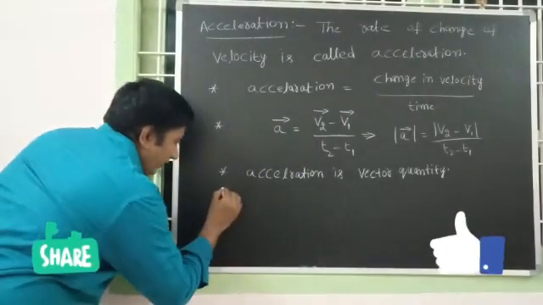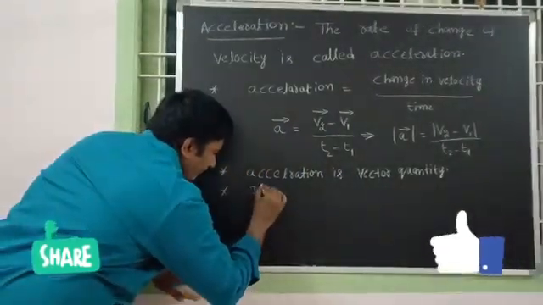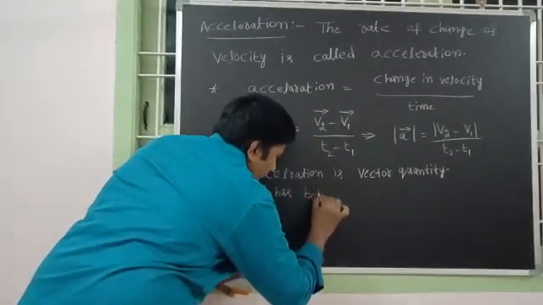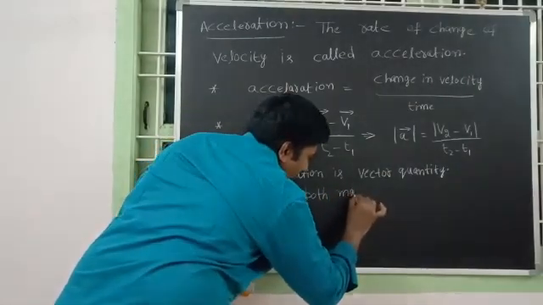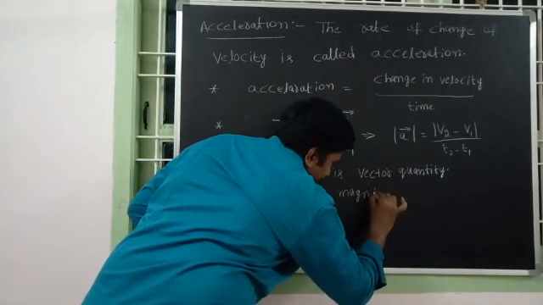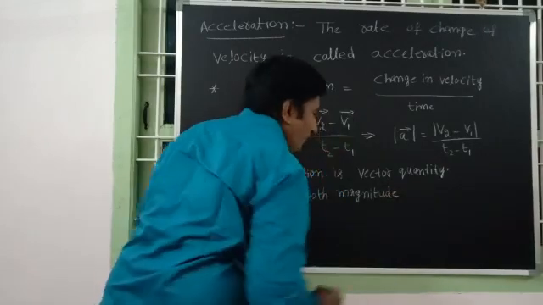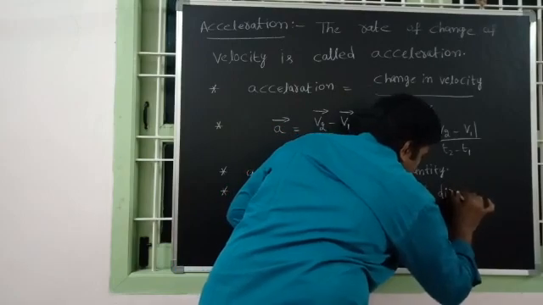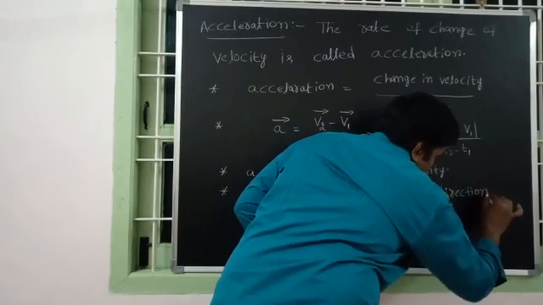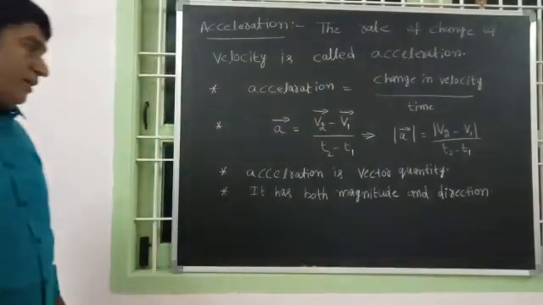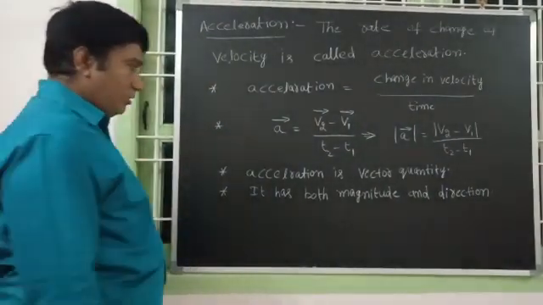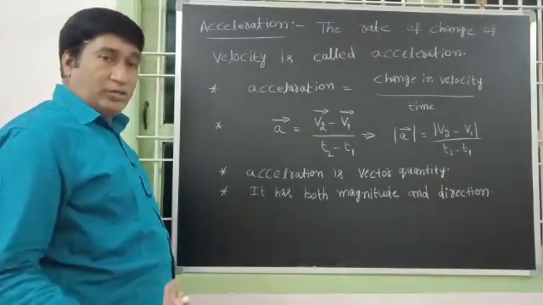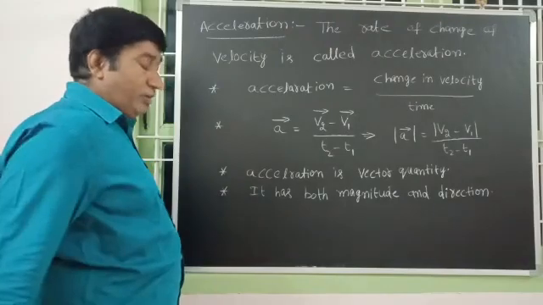That means it has both magnitude and direction. Whenever it has both magnitude and direction, acceleration can be positive, acceleration can be negative, or in some cases acceleration can be equal to 0.